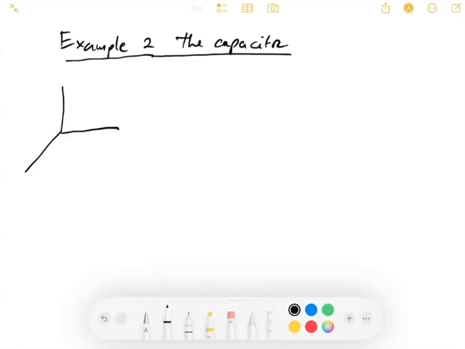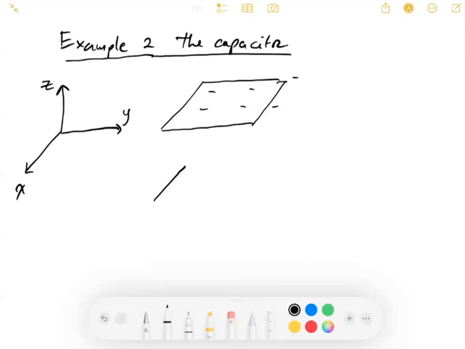We again are assuming ideal parallel plate capacitors, which makes life easy. That's X, that's Y, and that's Z. Now we're going to put a parallel plate capacitor like this. And then we're going to make the top one negative, and the bottom one positive.